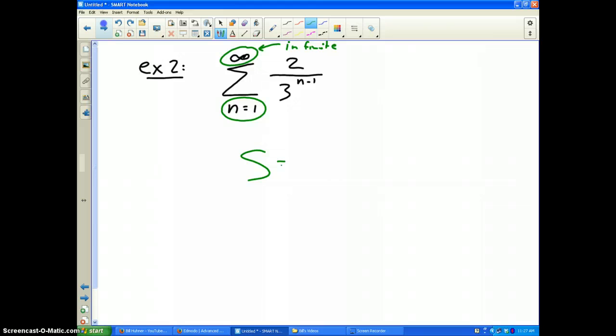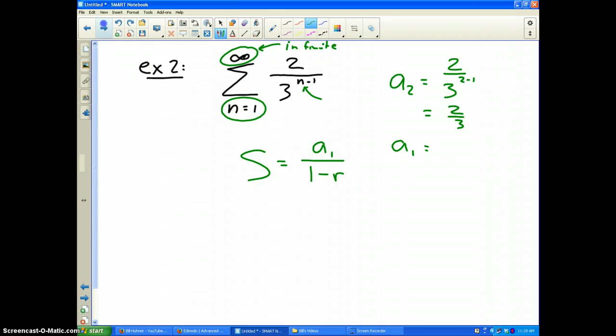Very simply, the sum is equal to a sub 1 divided by 1 minus r. Now, how do you do this? For the common ratio, you need to find the second term. So I need to put 2 in for n. The second term is 2 over 3 to the 2 minus 1 power, which is actually 2/3.